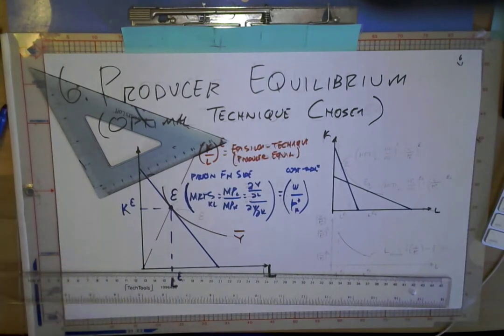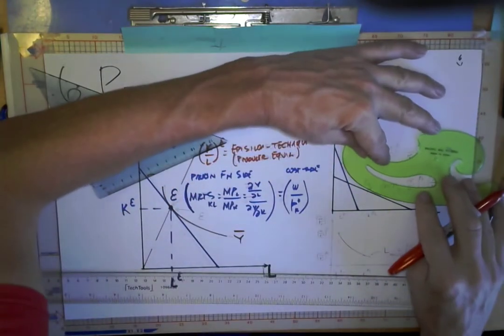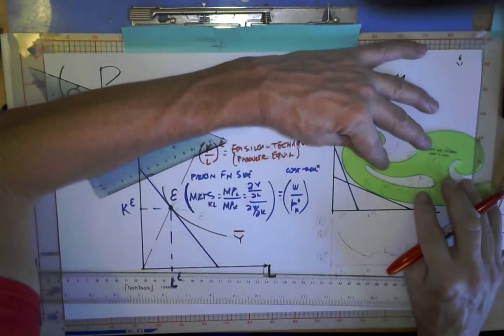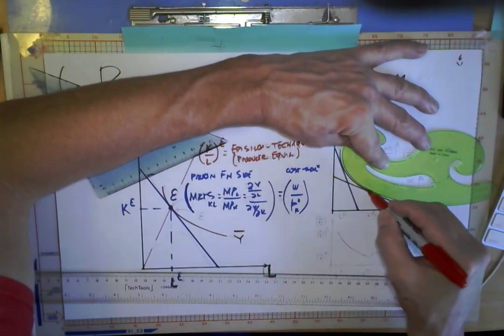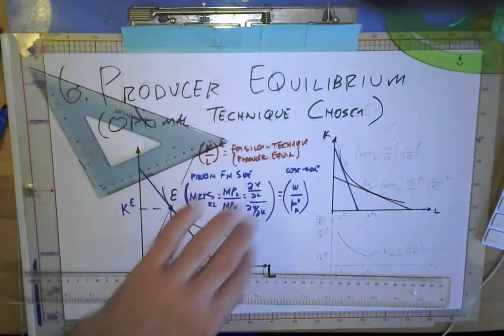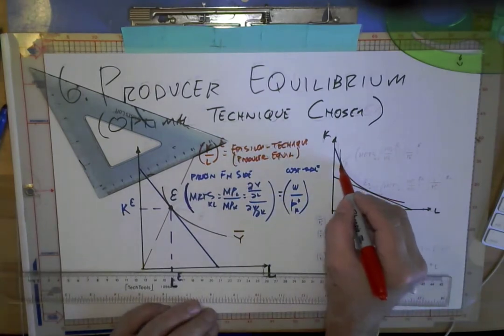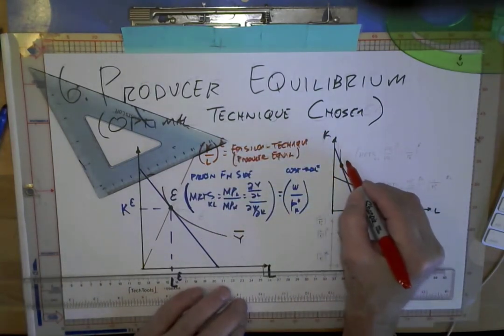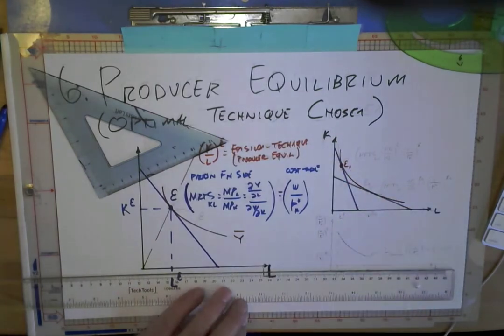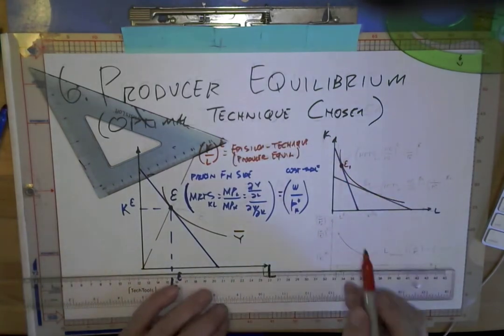So we have a wage at the lower level, and what we're going to see is that as we have a change in the factor prices, we're going to have a change in the techniques of production. When the wages are high, the optimal technique, epsilon 1, is the capital intensive technique.